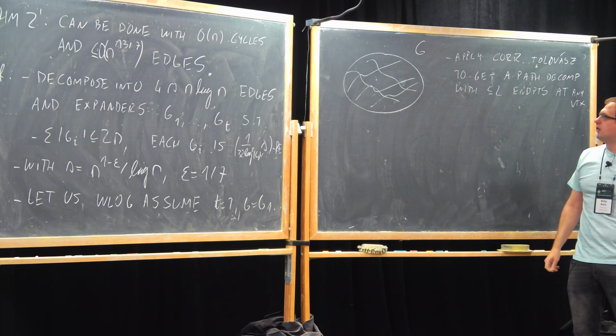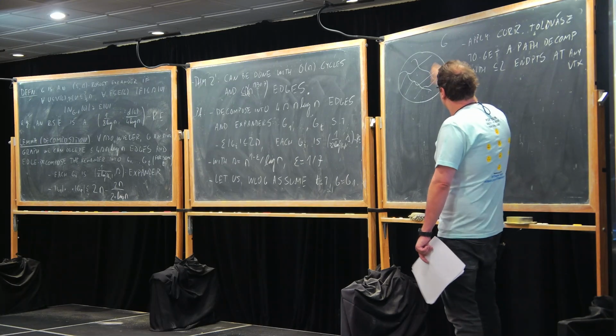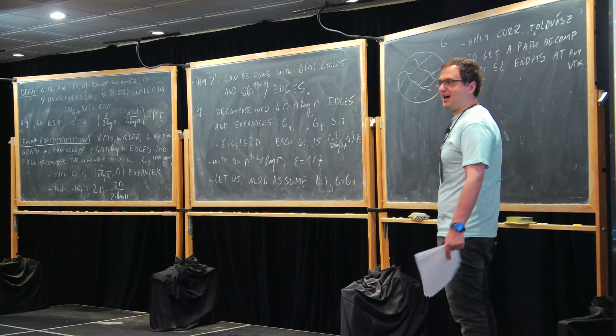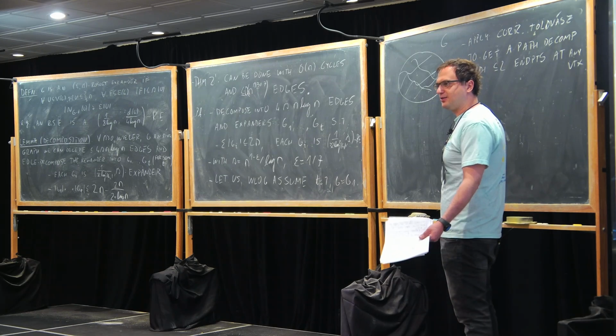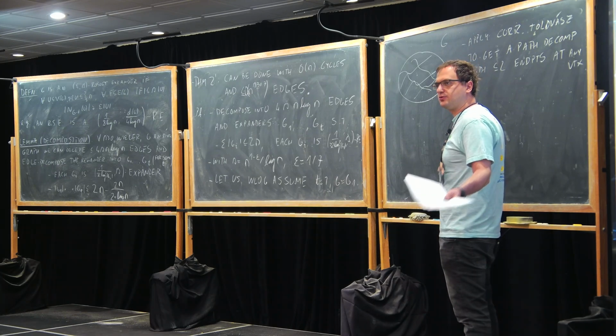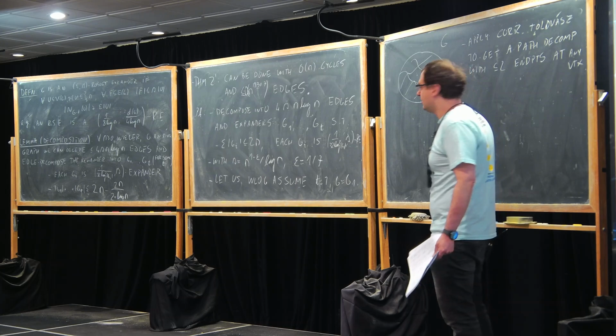Right? So now, of course, we just decomposed our graph and we got paths and we want cycles. But we used up everything from the picture. So what can we do?